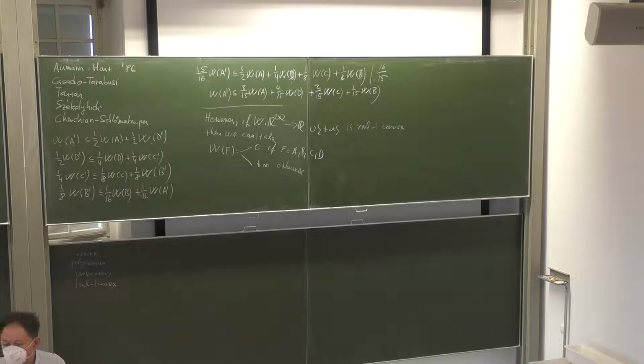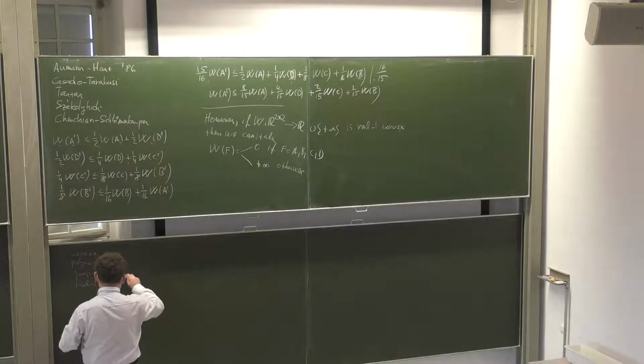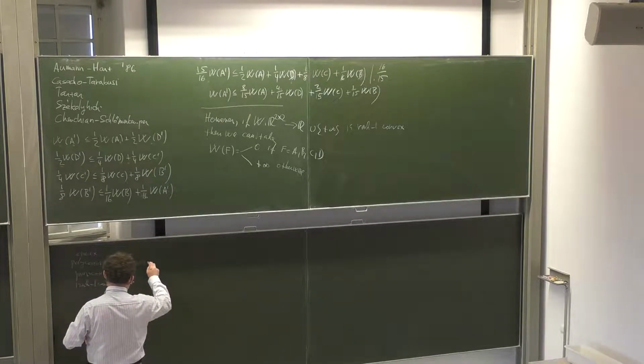Convex cones. You take two convex functions, you add them, you get again a convex function. You multiply a convex function by a positive number, you again get a convex function. And the same holds for other notions of convexity. So these are convex cones, that's important.